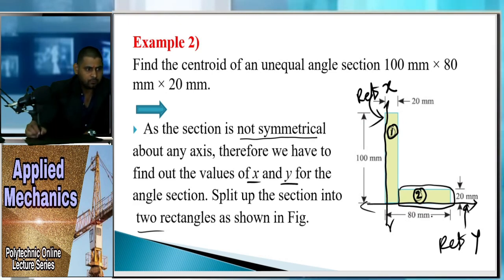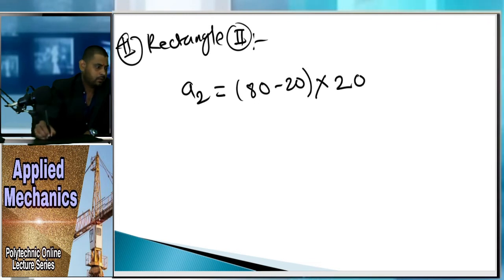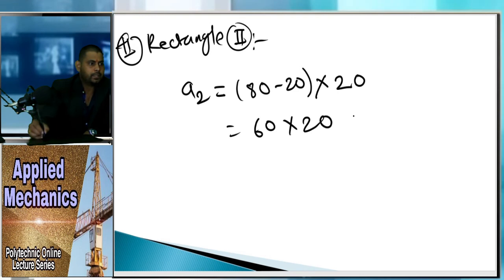So 80 minus 20 multiplied by 20. So here 60 multiplied by 20, that is nothing but 1200 mm square. This is your area.